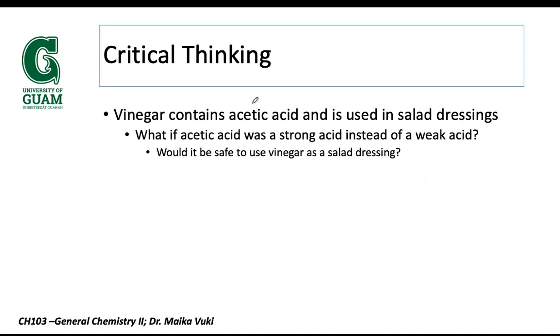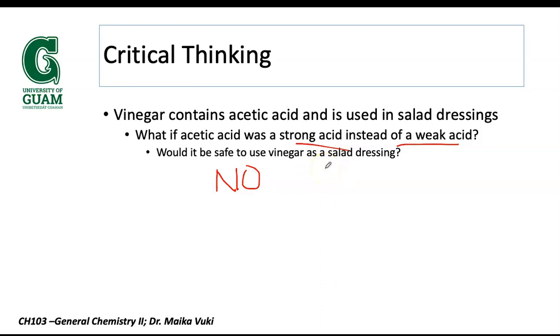All right, vinegar contains acetic acid and is used in salad dressing. If acetic acid was a strong acid instead of a weak acid, would it be safe to use vinegar as salad dressing? Definitely not. Why?